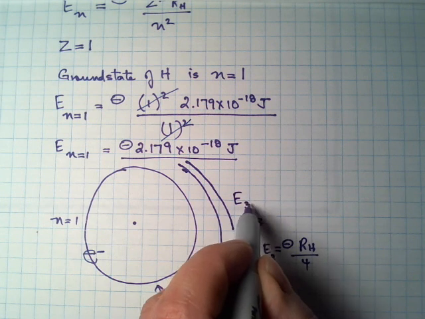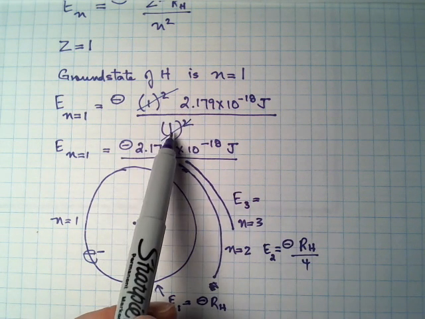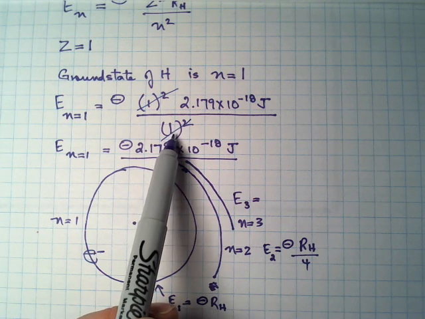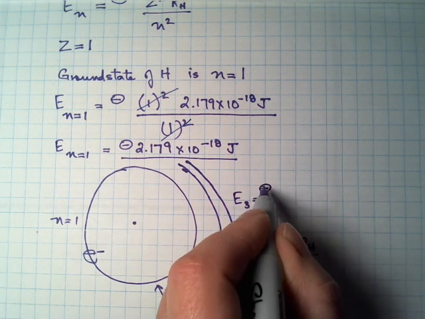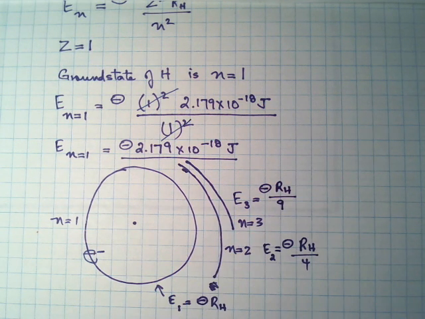E of the third level is 1 squared times that over 3 squared, right? So it'll be 1/9 of the RH. All right, just another way of thinking about it, not having to use our calculators. Okay, so we kind of did a little more than what question 5 was asking us for, but it's fun to expand it a bit. So we'll end it there.